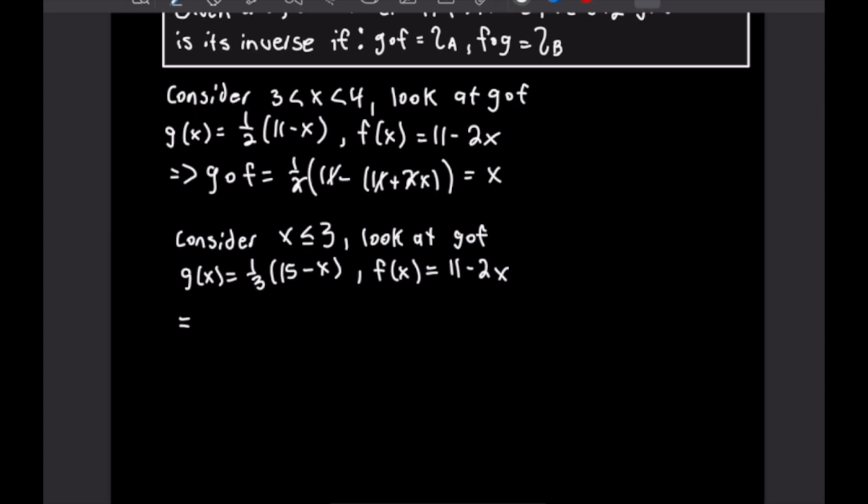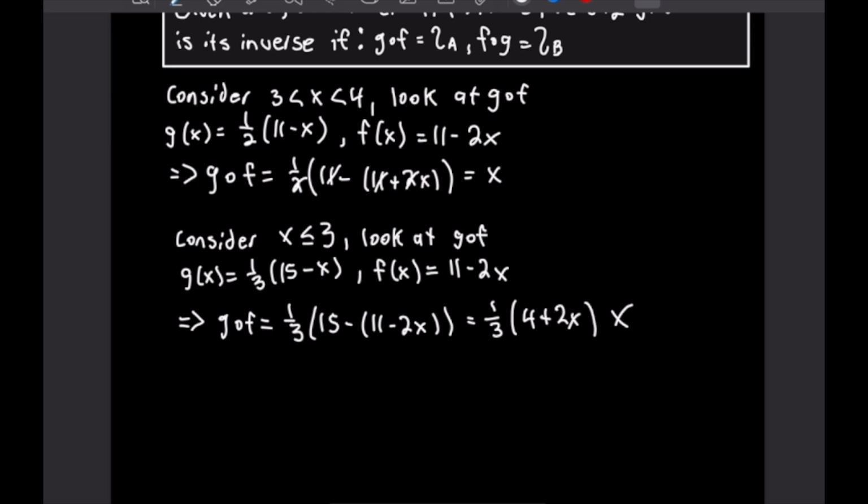So now we can go ahead and find our g composed with f. So g composed with f will be 1/3 times 15 minus our f of x, which is 11 minus 2x. And so that 11 will take our 15 down to a 4, and then we will be left with plus 2x. So this is equal to 1/3 times 4 plus 2x.